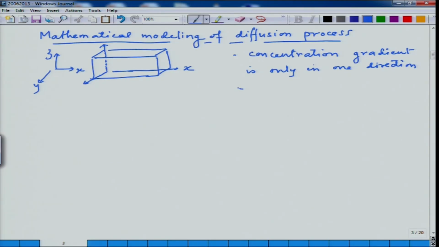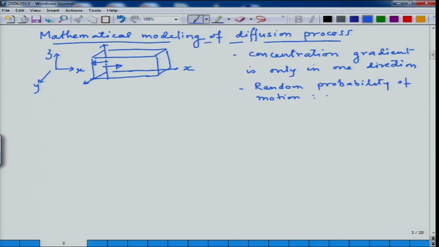We also assume that there is a random probability of motion, which means in the x direction, at any particular point, the number of particles moving in the right direction and the number of particles moving in the left direction is exactly the same because of this random probability of motion.